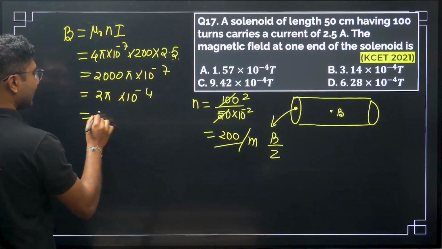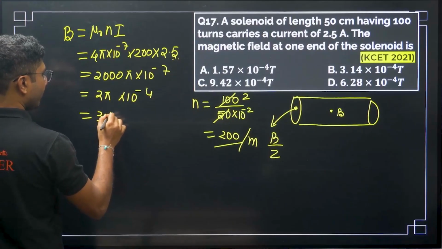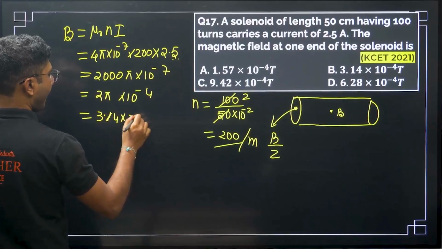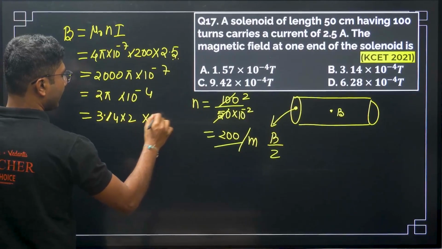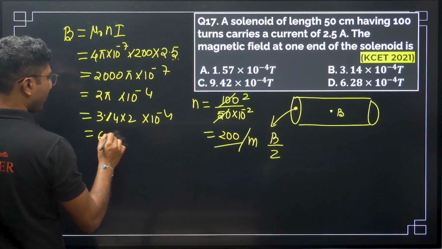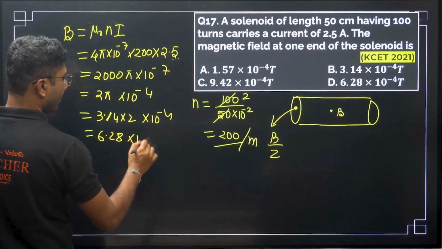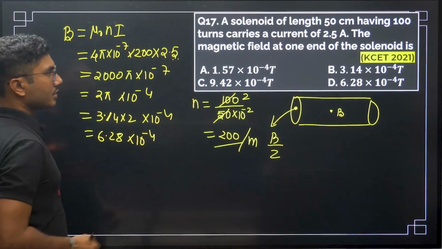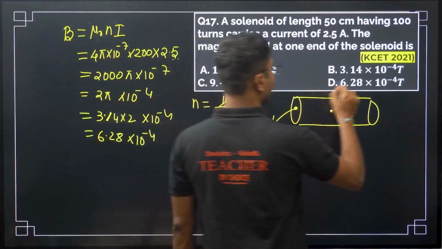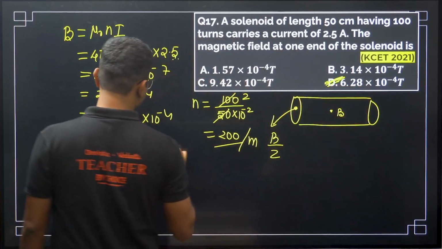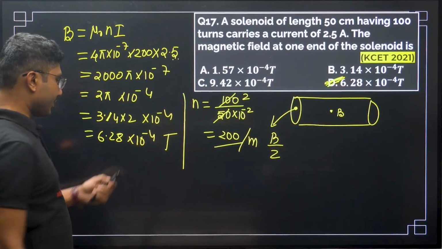Now pi is 3.14, into 10 to the power of minus 4, so it will be 6.28 into 10 to the power of minus 4. The correct answer is option D. This is an easy question.